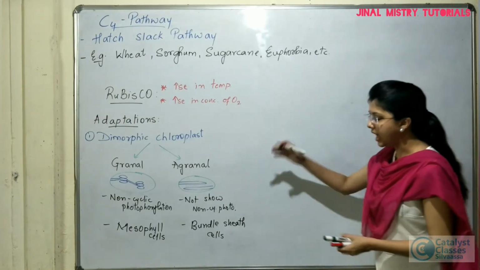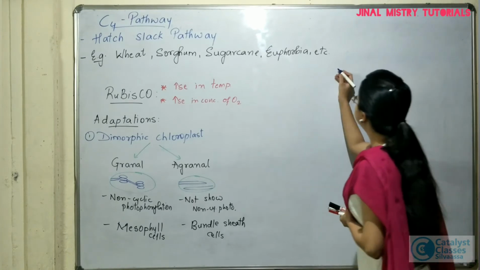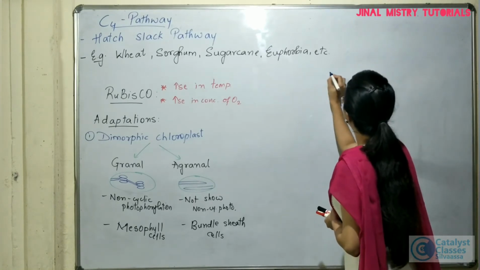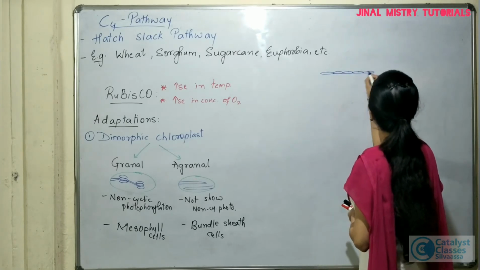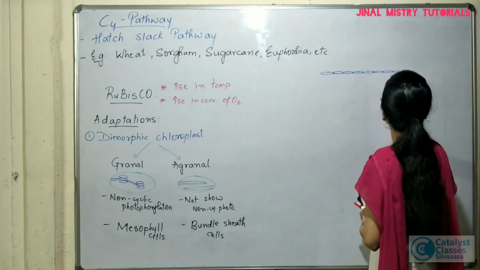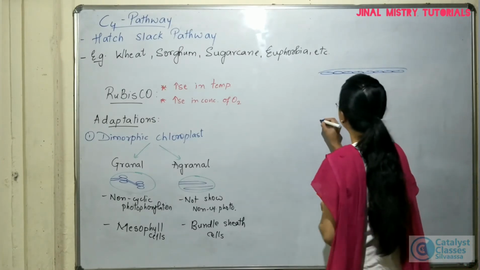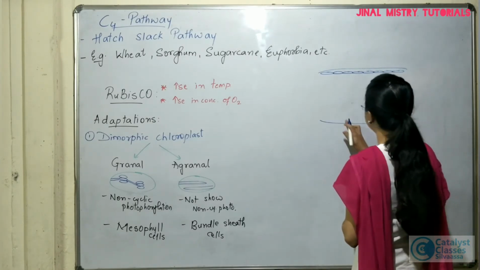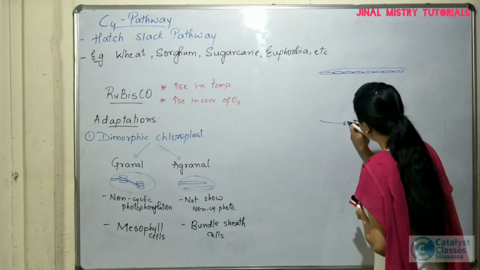If you take the anatomy of the leaves of these plants, you will find these are the epidermal cells present, the upper epidermis. This is the cuticle that is protecting it. This will be the lower epidermal cells with chloroplast present.